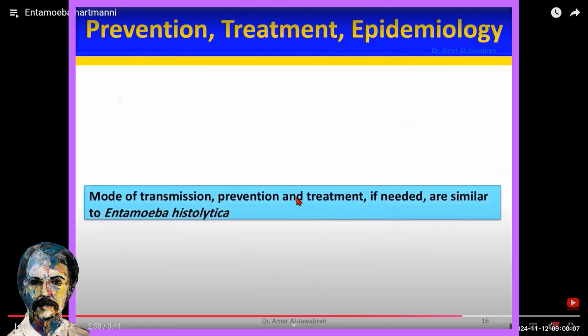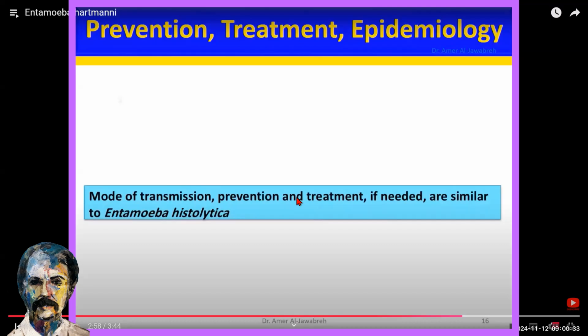Treatment and prevention, treatment and epidemiology. As we said, these amoebas, including this one, are non-pathogenic. And sometimes they gain access and they get inside us. None of us would like to have a parasite in his or her intestine. So therefore, we get rid of it by having a course of Flagyl, metronidazole.